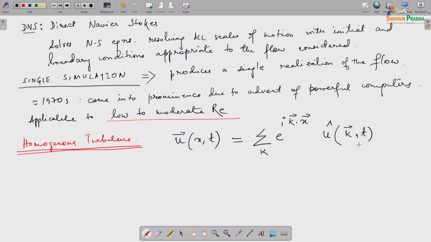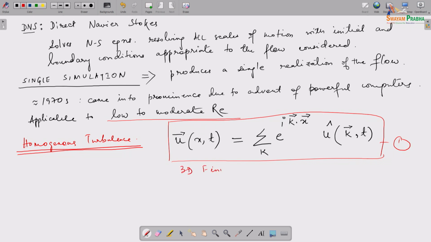So what we're doing here is essentially representing a 3D finite Fourier series. Essentially I have no mean flow and a fluctuating part; everything is consistent.